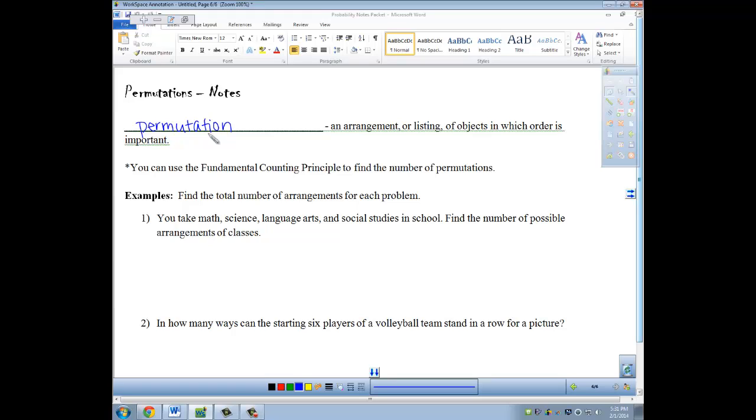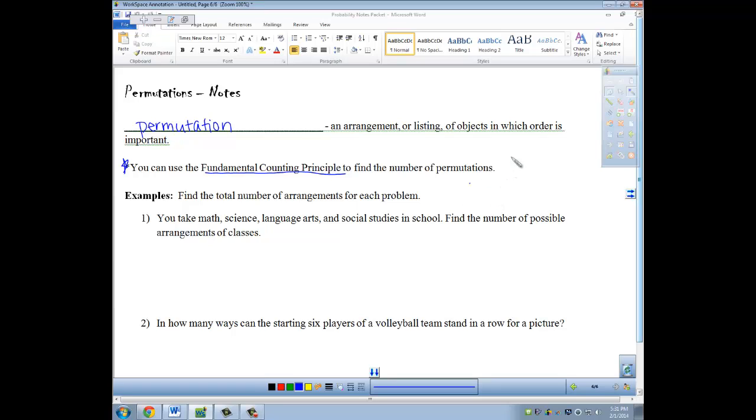So those are the types of probability problems we're going to be thinking of today, where order matters because only one person can get first, only one person can get second, only one person can get third. Here we can use what we talked about last section with the fundamental counting principle. Remember, that's when we can multiply our outcomes together.